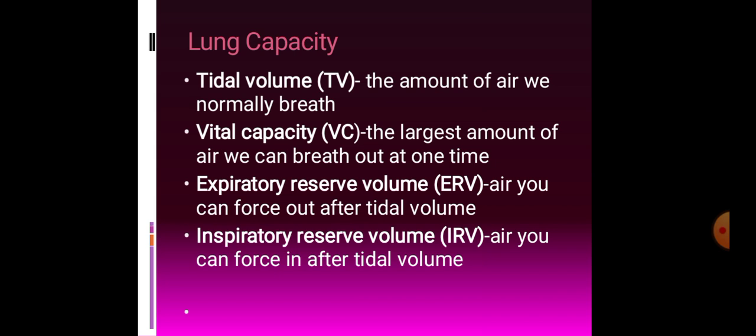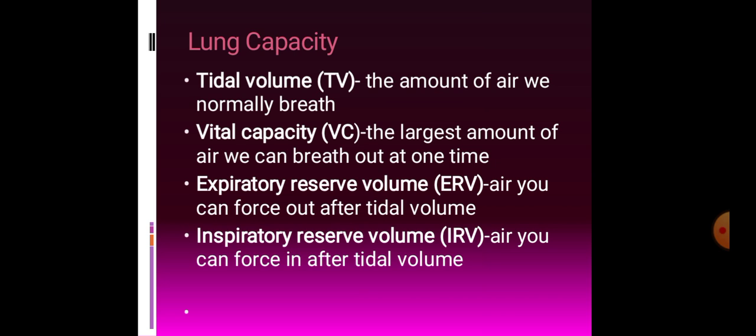Then next we see about lung capacity. Lung capacity means how much air occupies the lungs. That is the total volume of the lungs. We discuss tidal volume, vital capacity, expiratory reserve volume, and inspiratory reserve volume.